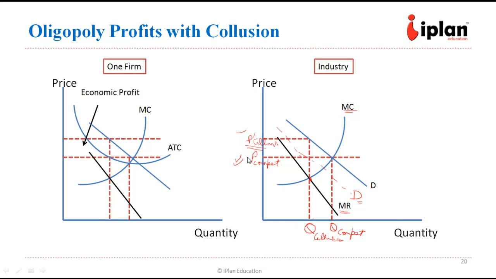So this is an inefficiency due to which the companies are gaining and the consumers are losing. So that is why the government regulatory bodies make sure that there is no formation of collusion among the companies, and the competition among these companies is maintained. Now let us move to the next slide.